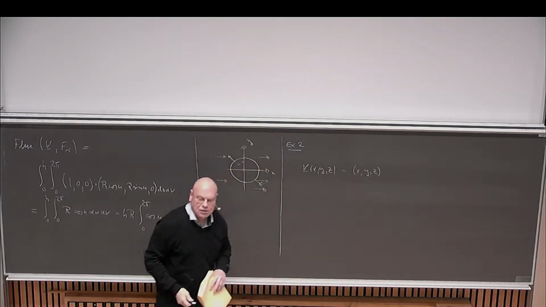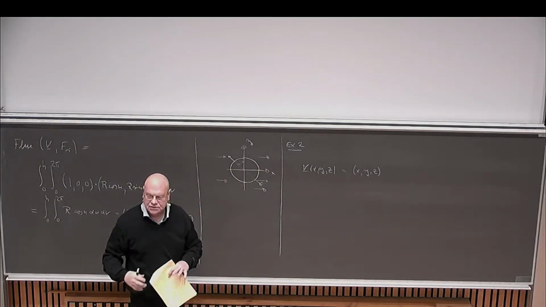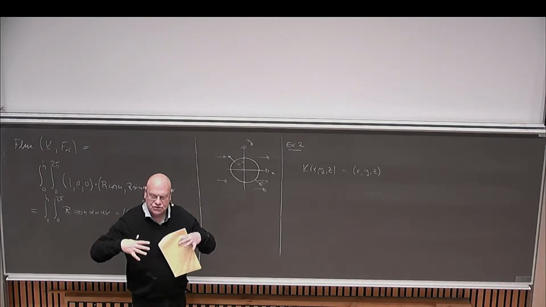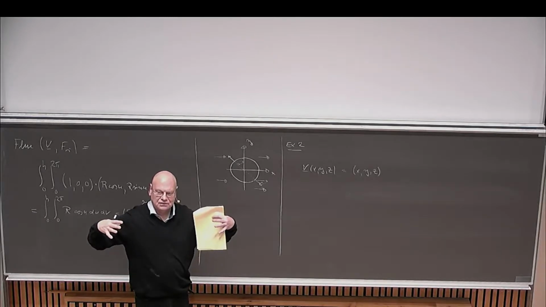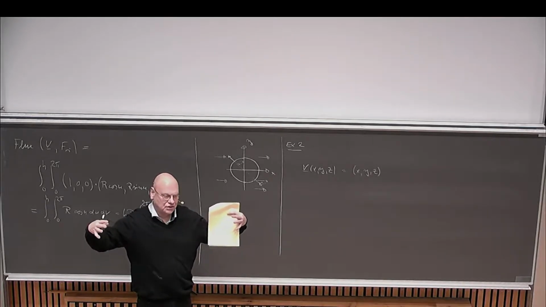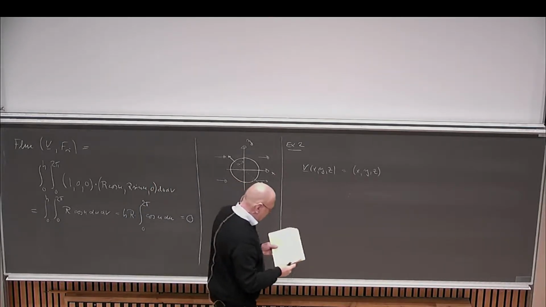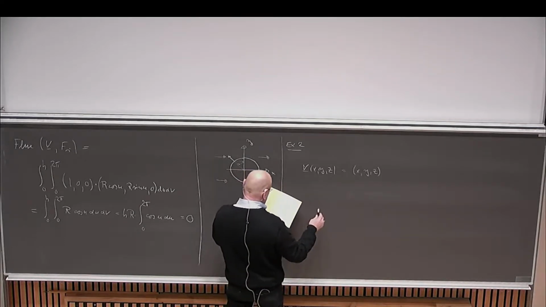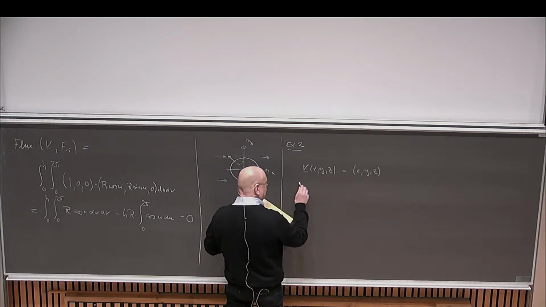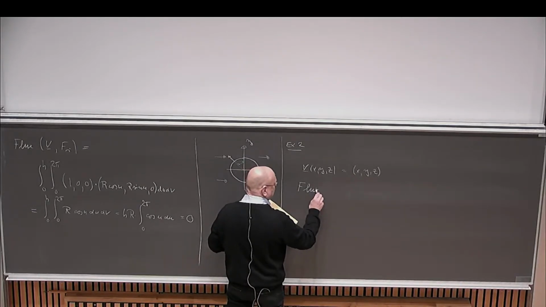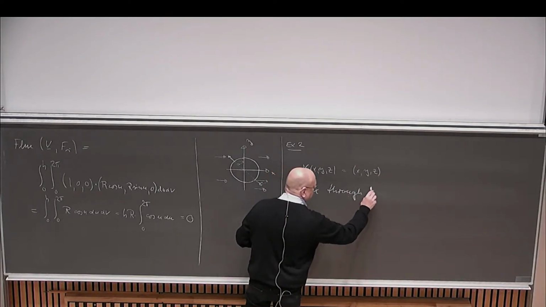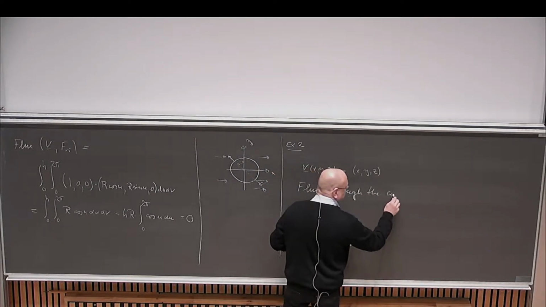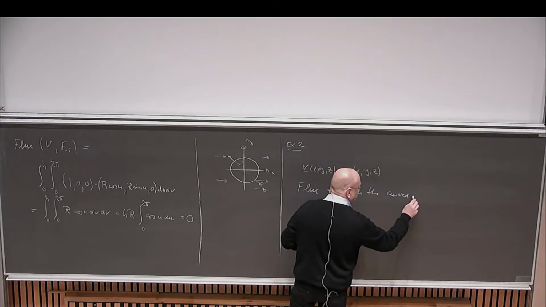It's called the explosion vector field because when x and y get larger, you get an outward pointing vector field that becomes larger and larger as you go out in space. Now again we look at the flux through the curved part of the cylinder.